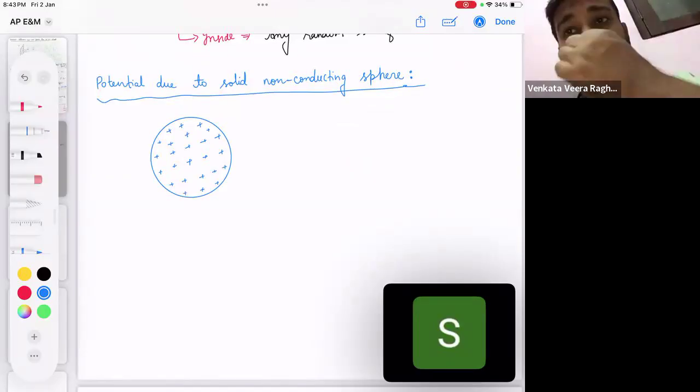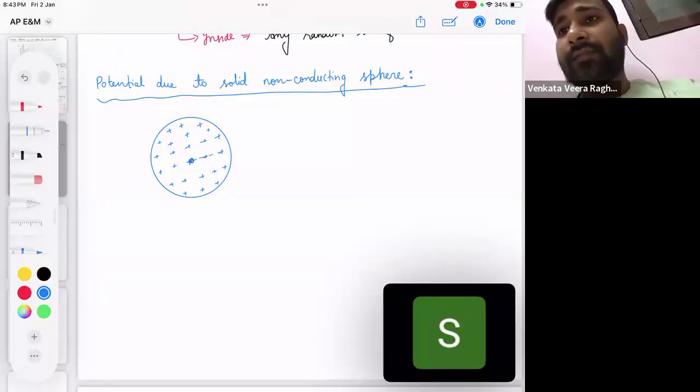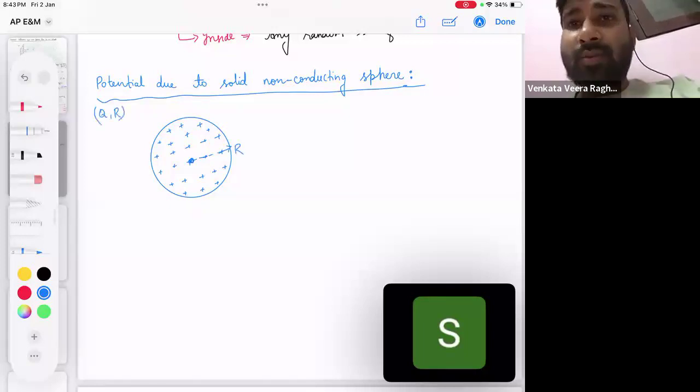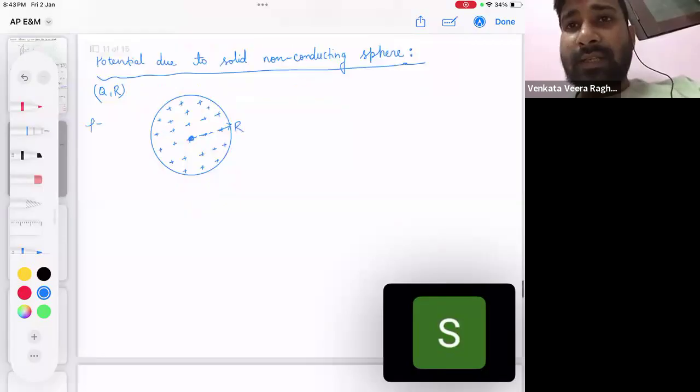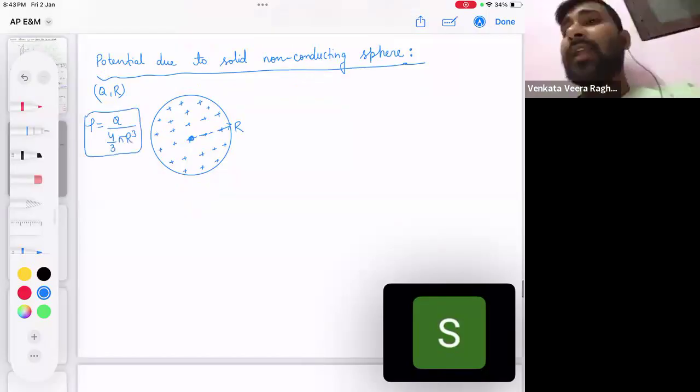Let's say this is the center, right? The radius of the original sphere is capital R, and we have given charge Q on radius R. Can you tell me what the charge density is? The charge density is charge divided by unit volume, Q divided by 4 by 3 pi R cube.